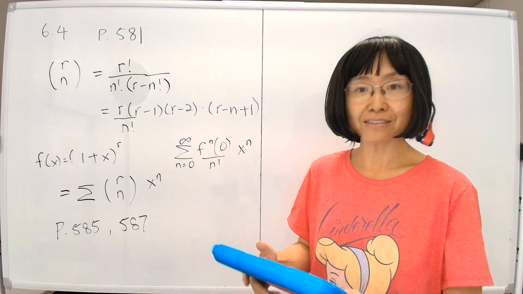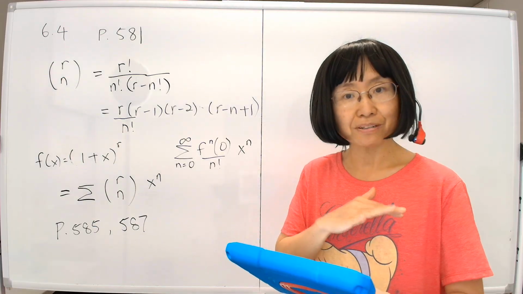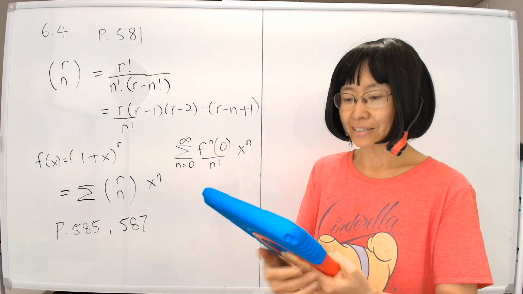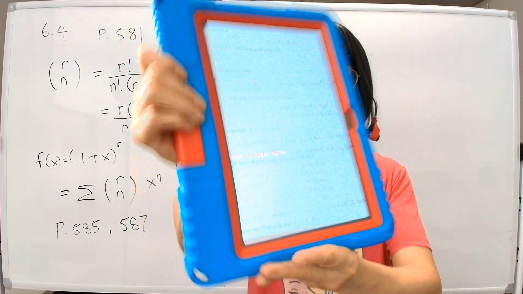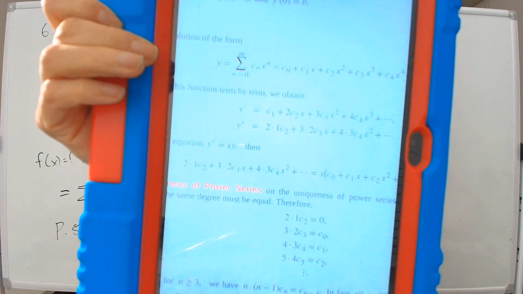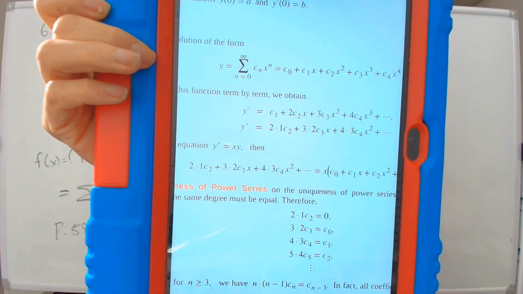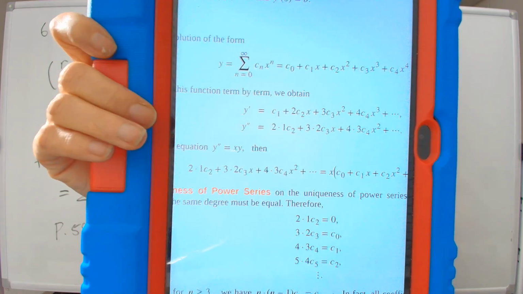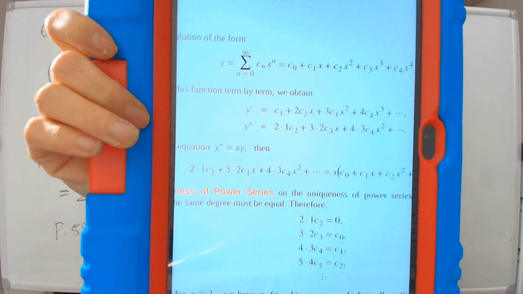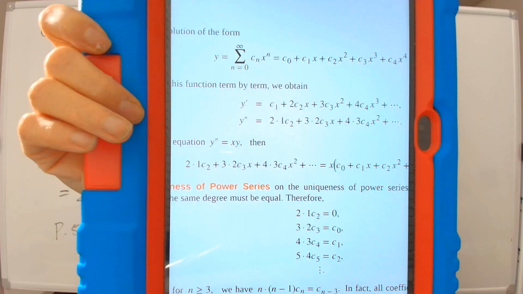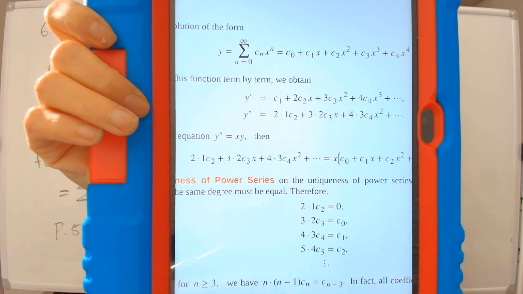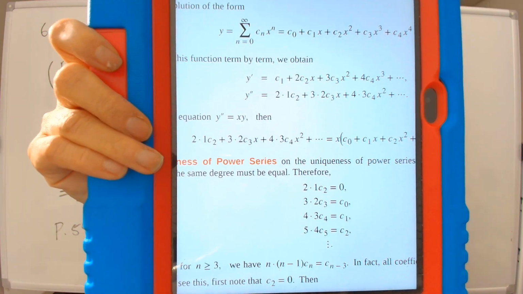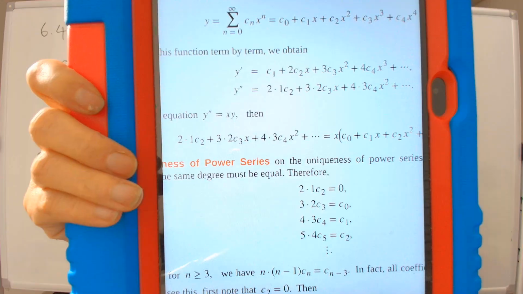What we do is exactly the same thing we did in the previous example: we write the function itself in this generic power series form, take the derivative, take the second derivative of this thing, and then see what it looks like. And then use the same trick. We'll say that two things are equal, which means they are term by term identical.